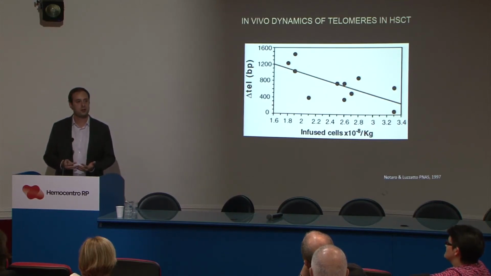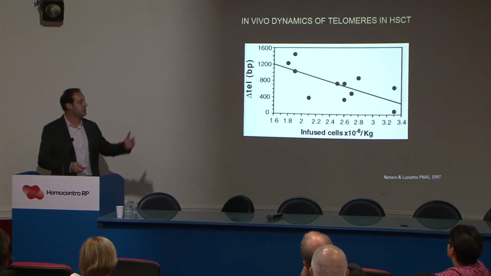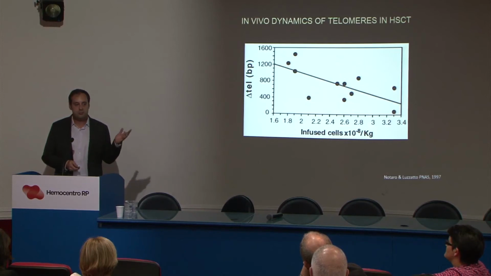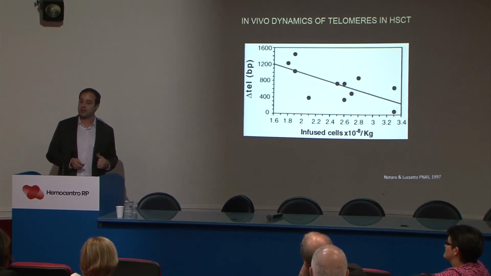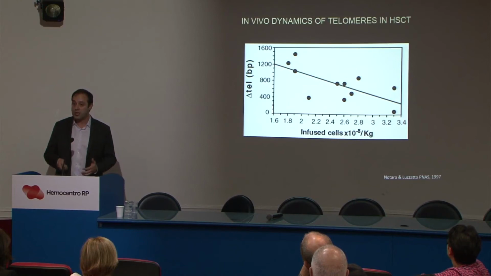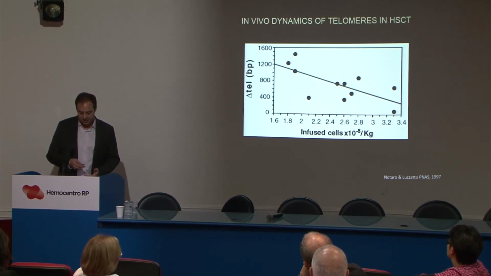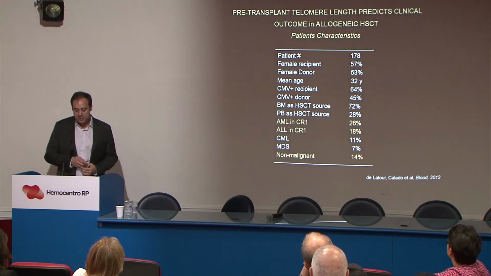This extra cell division led to further telomere erosion, or some senescence or aging of the marrow. If it's losing about 800 base pairs, it's about 5 to 10 years older in terms of telomere loss in comparison to the blood in the original donors. So the transplant process causes some sort of aging in the hematopoietic compartment because of the extra cell division that happens in these cells.